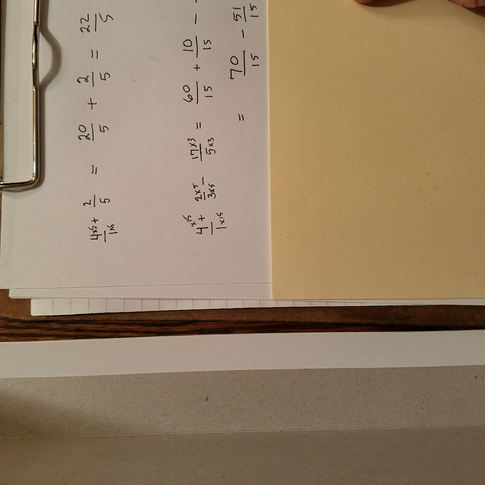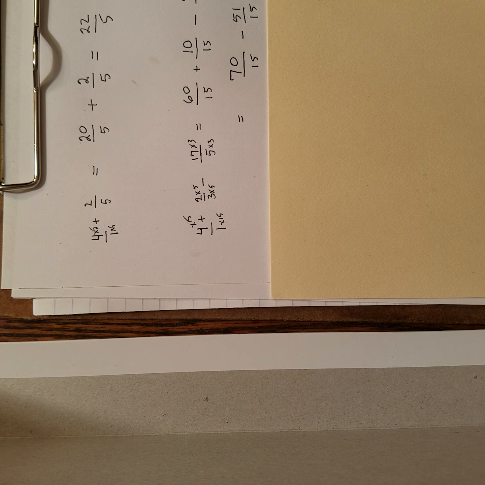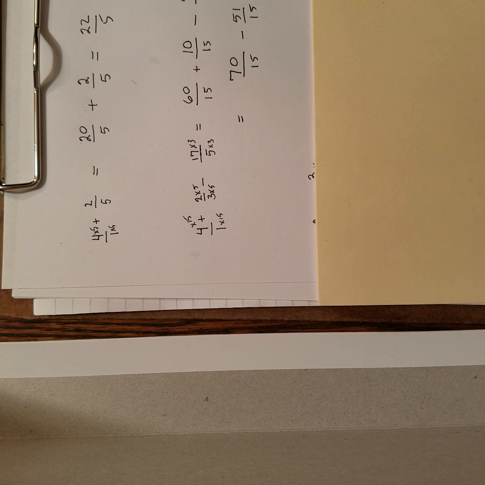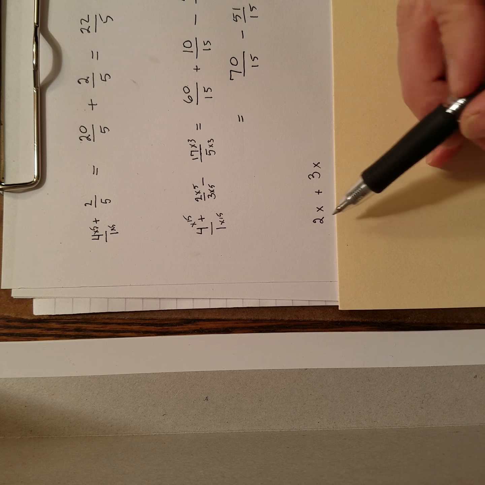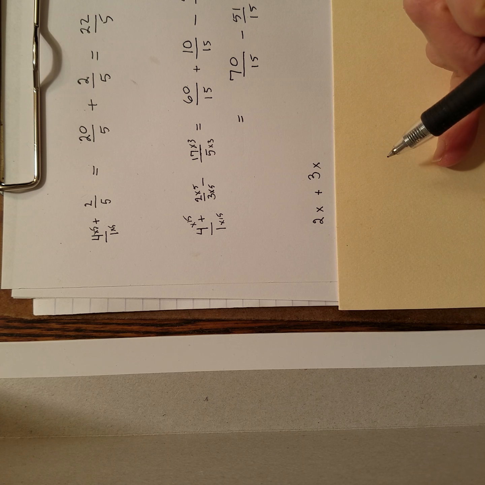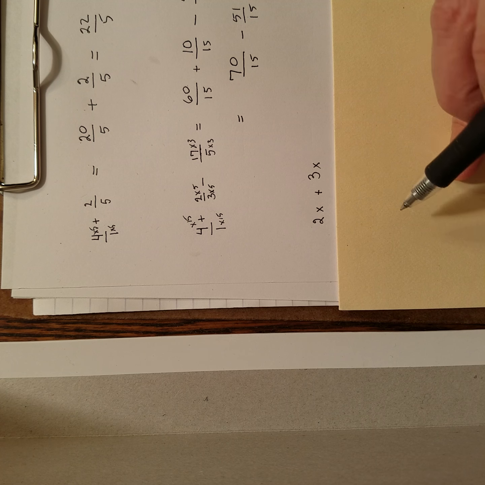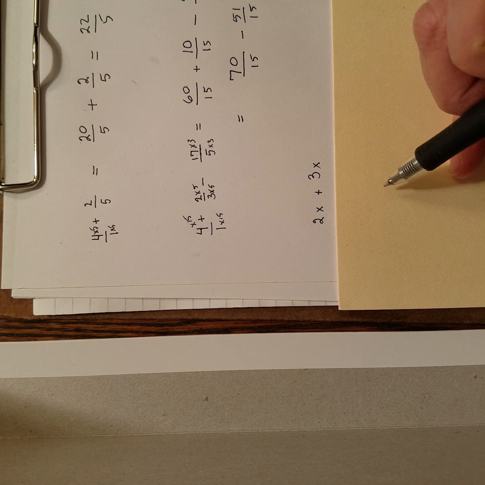Okay, in Friday's class, we are going to be looking at combining numbers where one of the factors is unknown. For example, if I have 2 times x plus 3 times x, technically I cannot add these because I have to do this product before I can add.